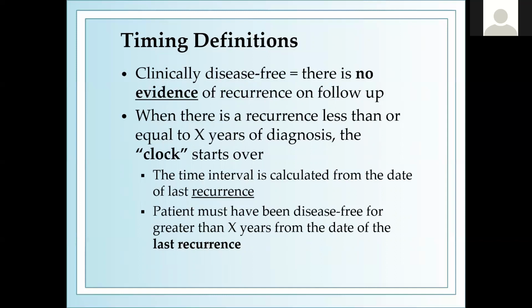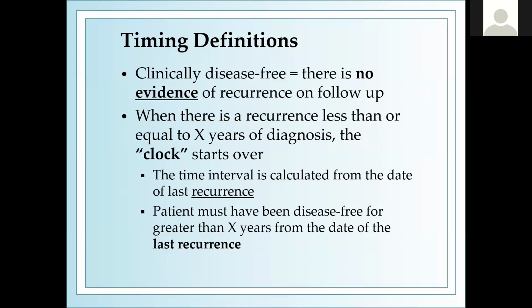So this happens most often with bladder tumors. A patient is diagnosed with a bladder tumor January 1, 2018, treated, disease-free. 6 months later, on June 1st, 2018, their bladder cancer comes back. We use our rules. It's considered a recurrence. The patient is once again treated for that bladder recurrence and is disease-free.